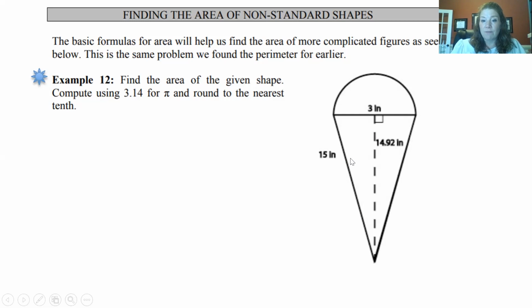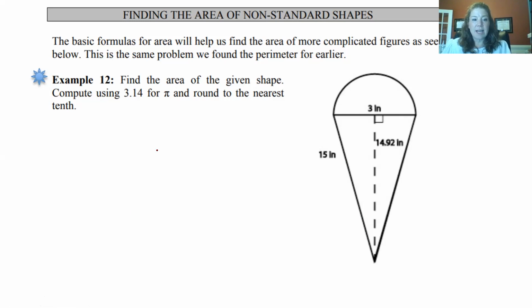All right, so the triangle, remember you have to have a 90-degree angle. So let me write, where did my pen go? Oh, trying to write on the wrong thing.